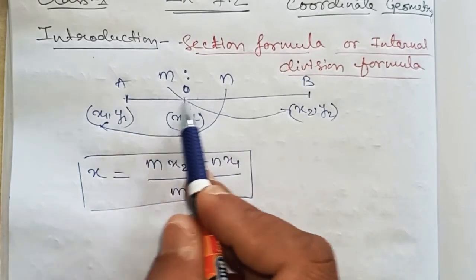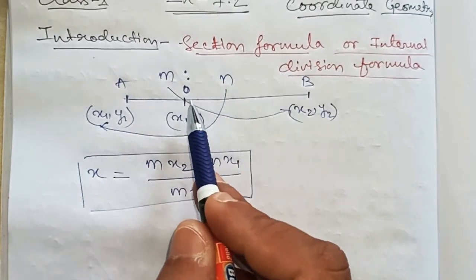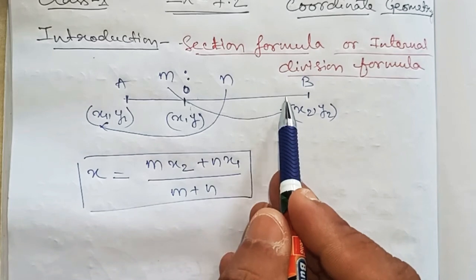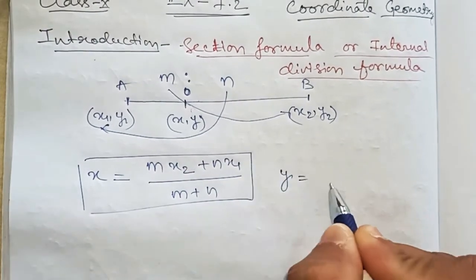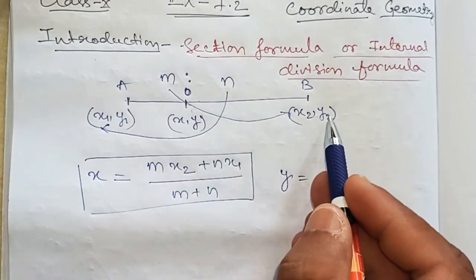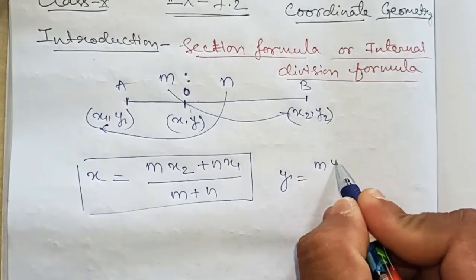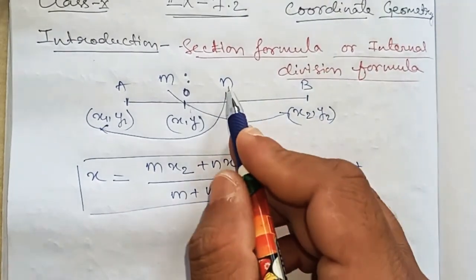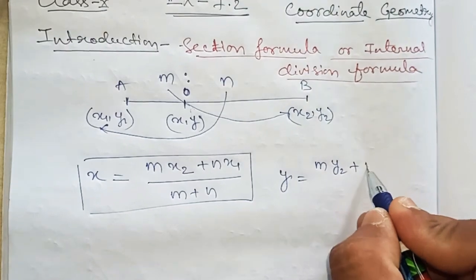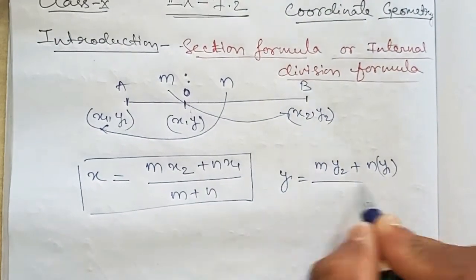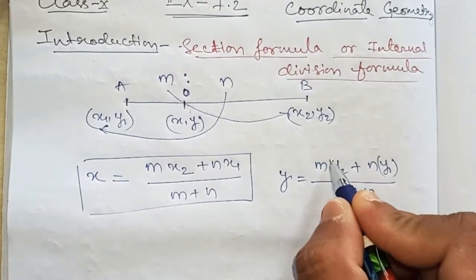Internal division means this line has been divided internally, from inside the line. To calculate the coordinate of y, it is (m y2 plus n y1) divided by (m plus n).